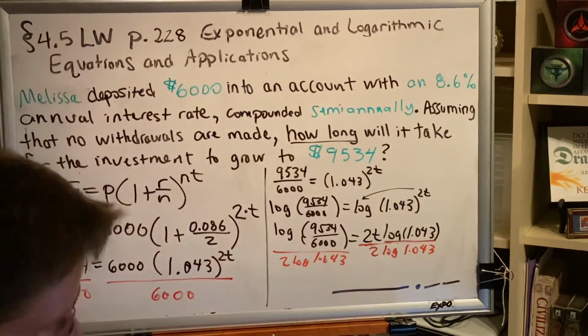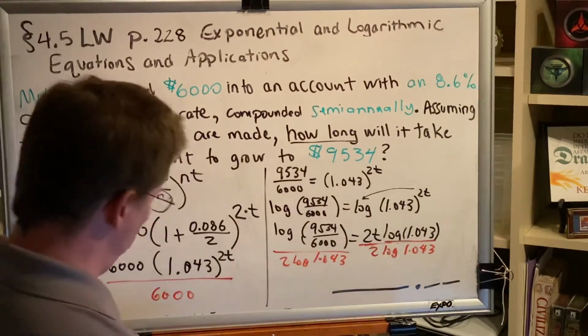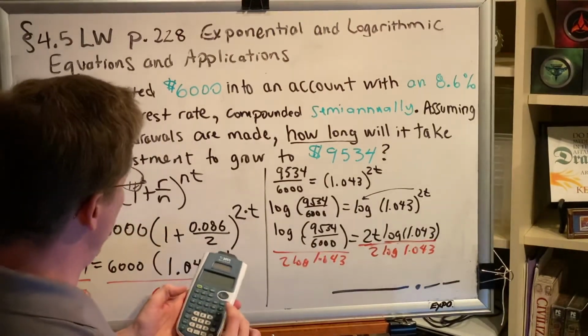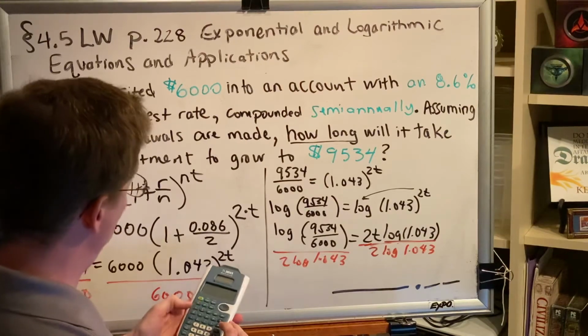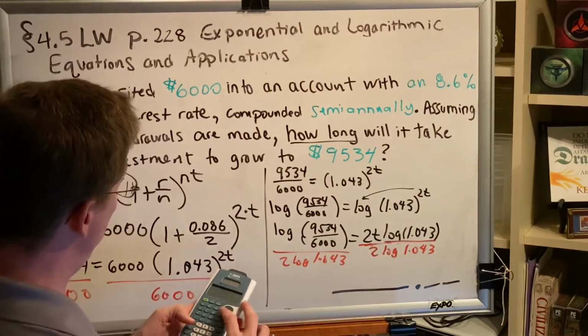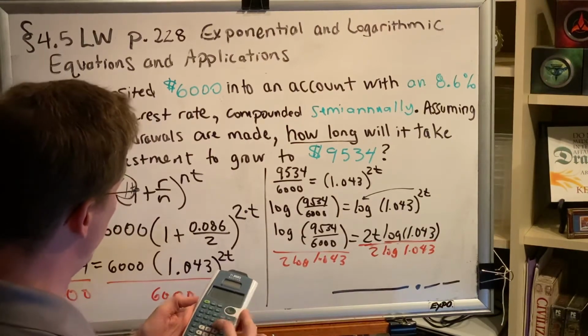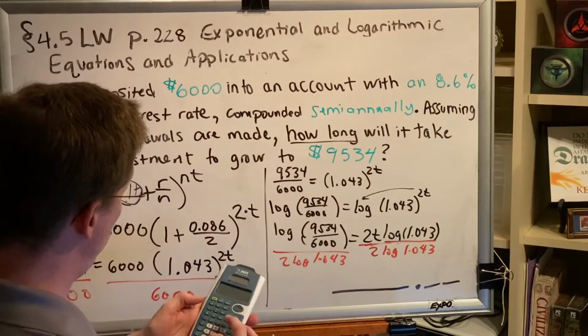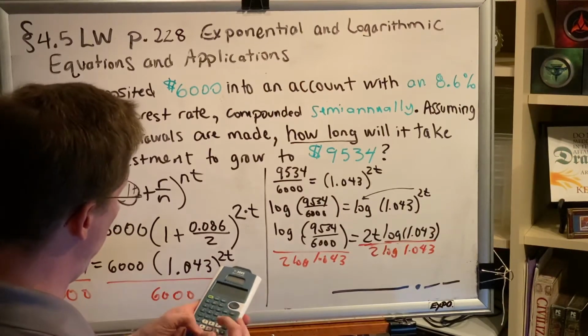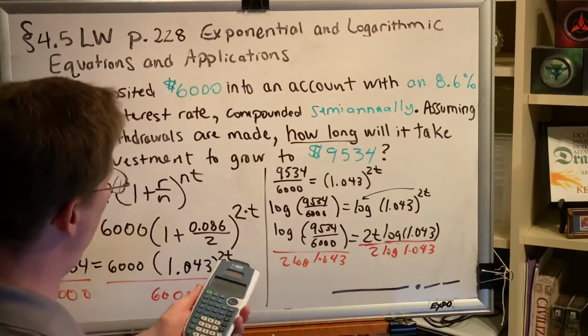And now I'll have to enter this in my calculator. So here we go. Make a fraction, log. Make a fraction, 9,534, down arrow, 6,000. Right arrow, close parentheses, down arrow, 2 log 1.043, close parentheses, enter.